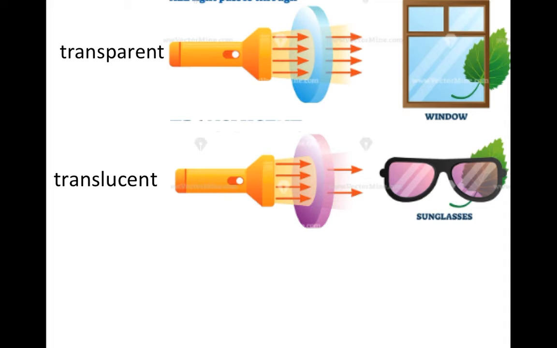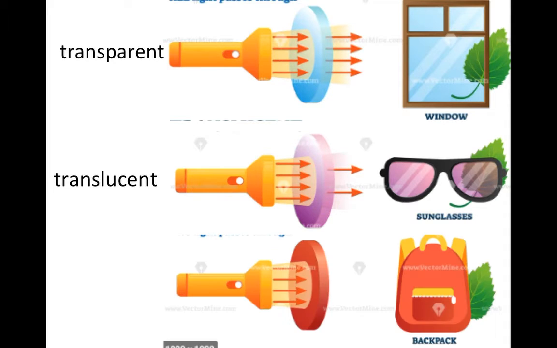Translucent. And finally, a backpack. We cannot see through, and no light goes through the object. So, transparent, translucent, opaque.